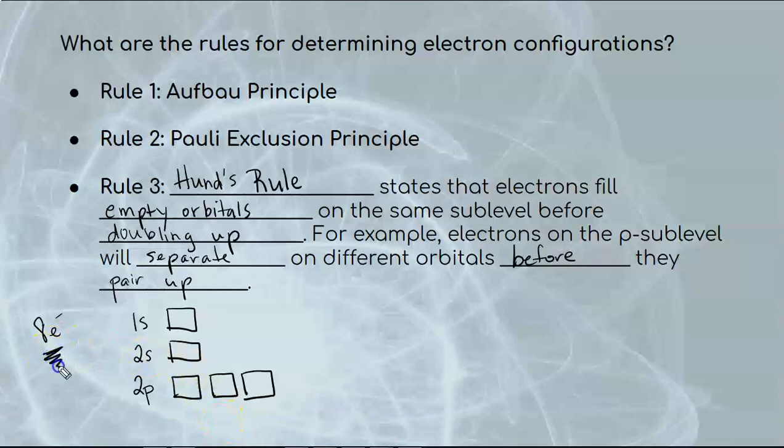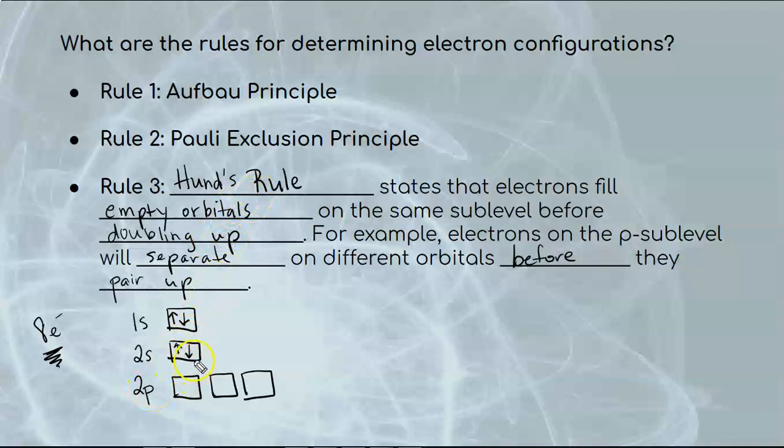Now I have 8 electrons to play around with for oxygen, and let's see how they would fill this electron orbital diagram. One electron starts at the 1s sublevel, and then we're going to fill this orbital here. When I move on to the second energy level, we're going to do the same thing. But once I move to the 2p sublevel, this is where Hund's rule plays a role.